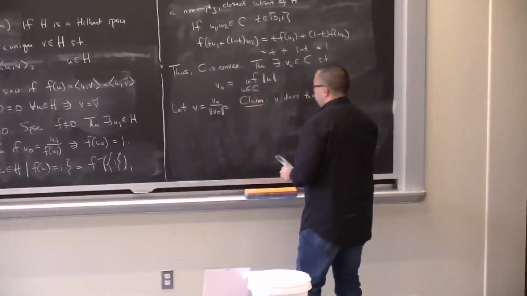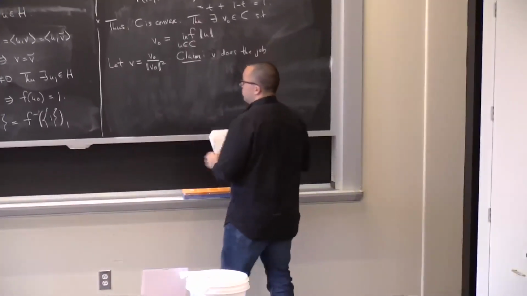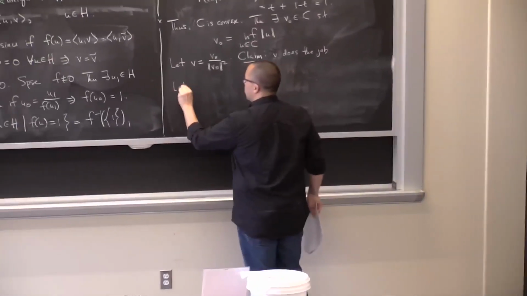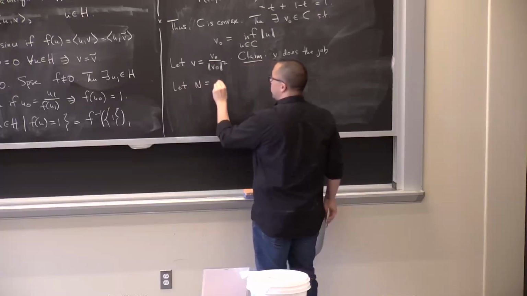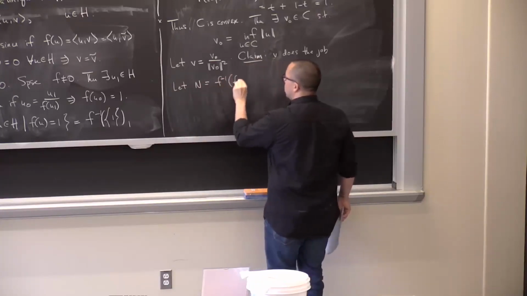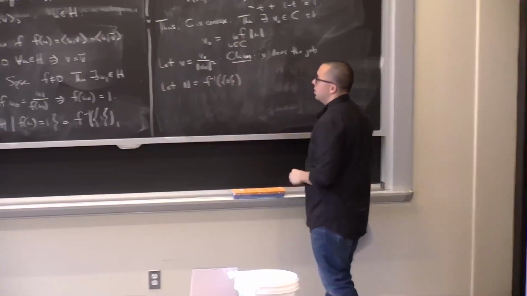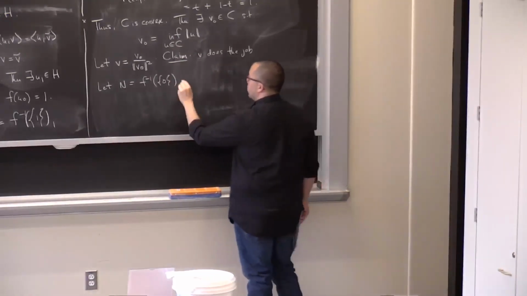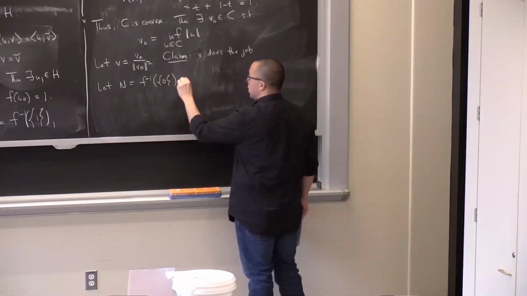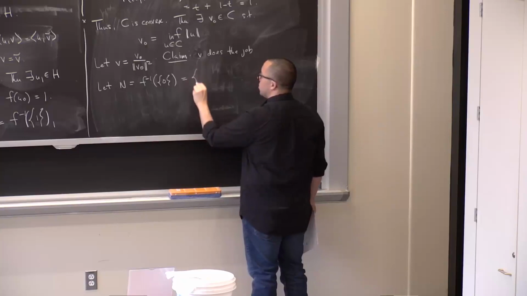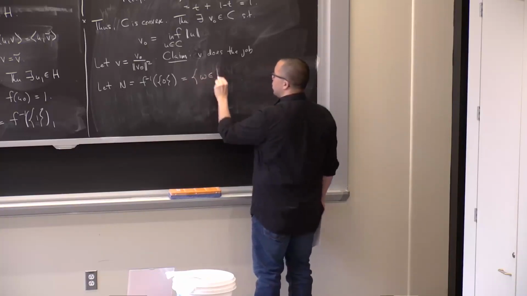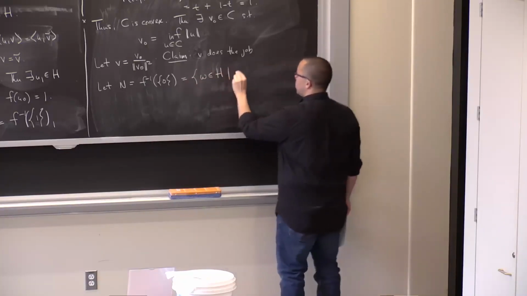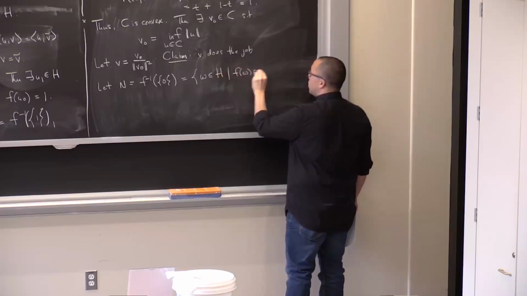All right, to see that, let N be the null space of f, the set of all vectors that get sent to the number 0. So this is the set of all w in H such that f of w equals 0.